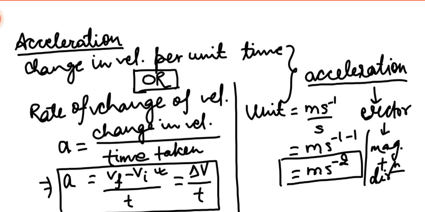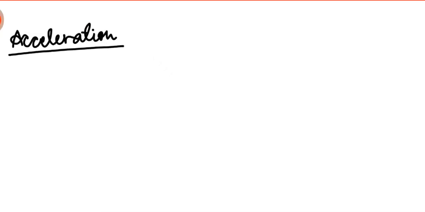We will see a few examples now of how we can understand acceleration with real life examples. Okay, so let's move to the examples. Now students, let us consider we have an object and we allow it to free fall.